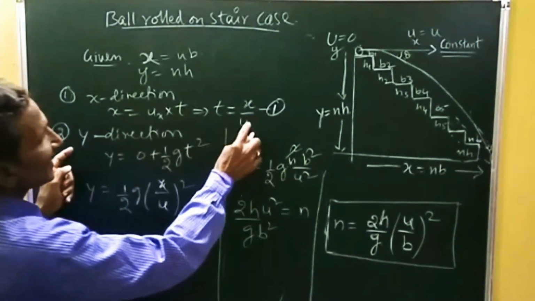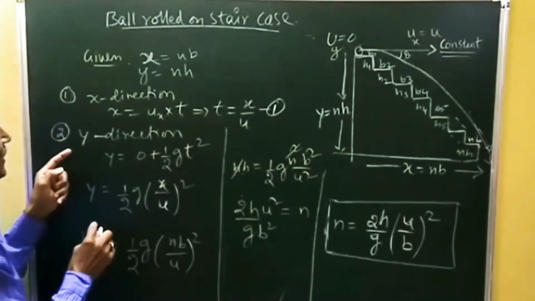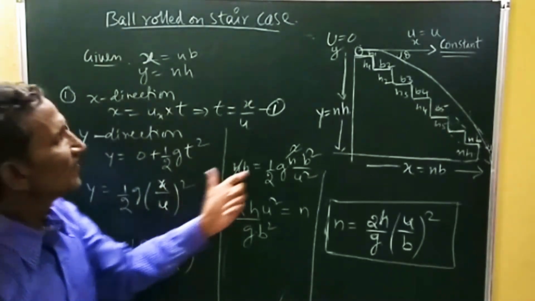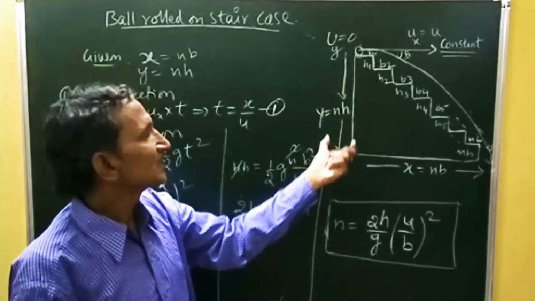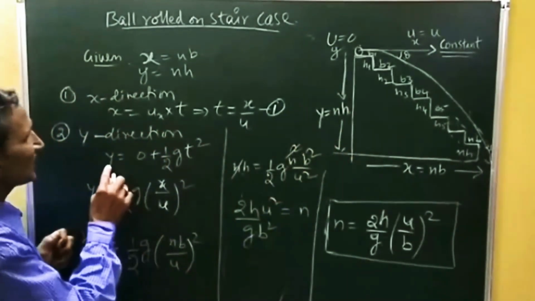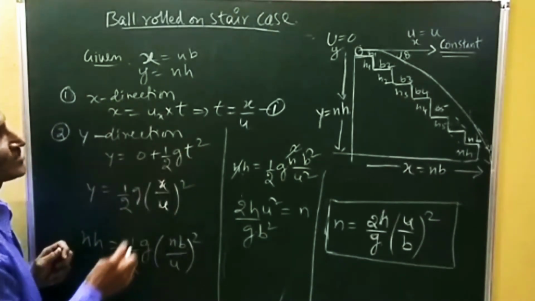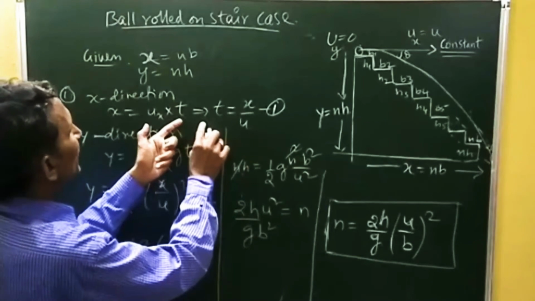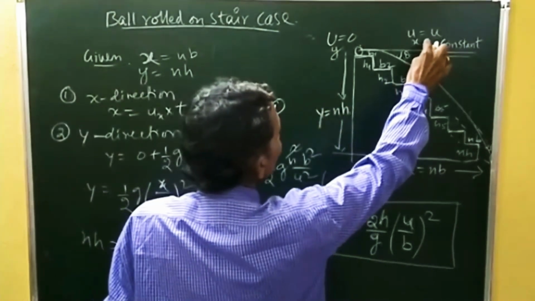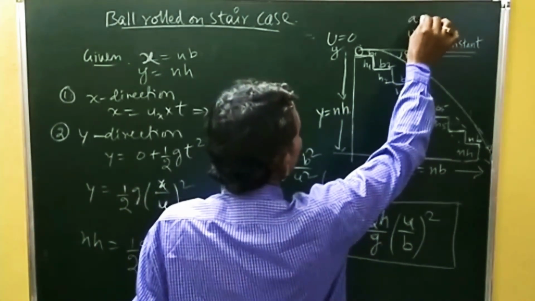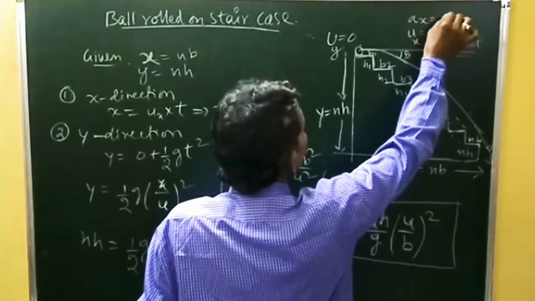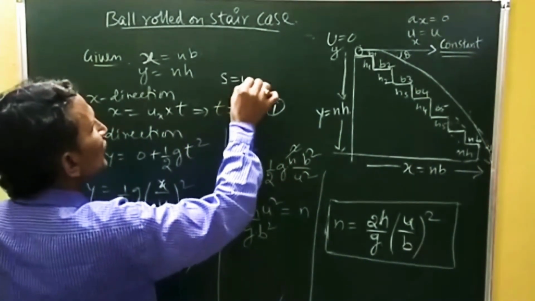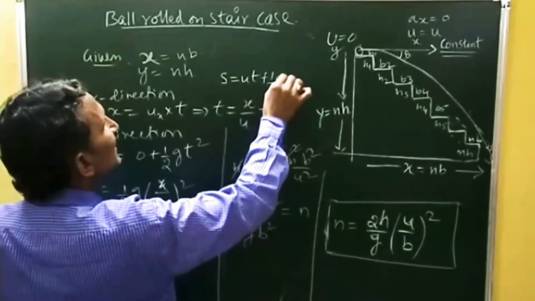Now that is the x direction. When we take the y direction, we take the y distance traveled by the body. Using s is equal to ut plus half a t square, along the x direction there is no acceleration due to gravity.